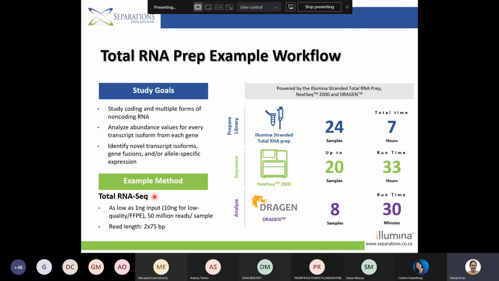If we need double the amount of data, then we can put half of the samples on that same flow cell, on that same instrument that has the same capacity. Because we need more data, we can do fewer samples. And again, DRAGEN is ultra fast, and in 30 minutes we can actually analyze 8 samples.